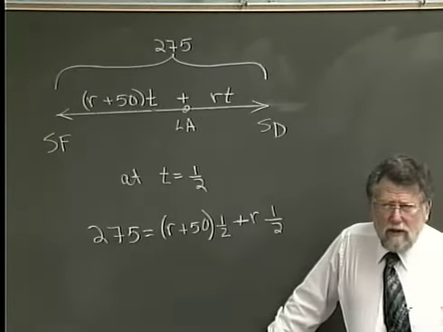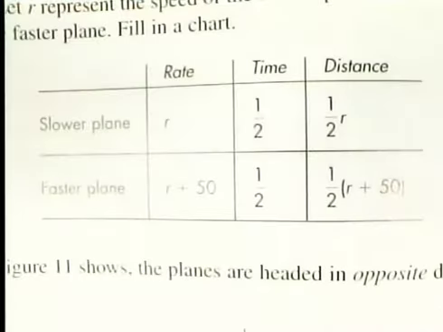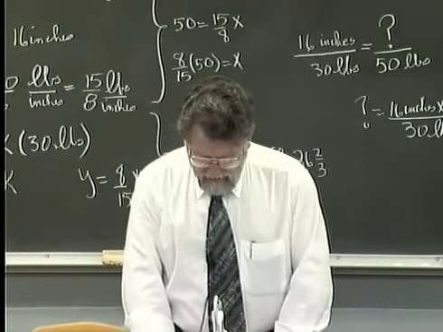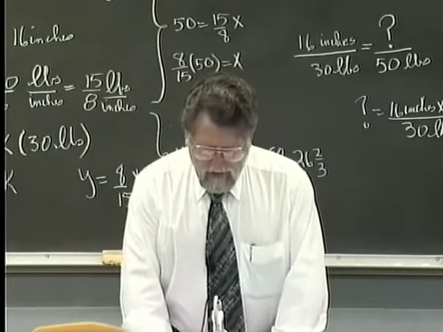Now let's look at the table again. Same argument. The 1/2 is substituted for t, and you have in the right boxes the same two distances I have on the side board. And then let's come off there for a moment. I'm going to slide down to the equation and the solution.